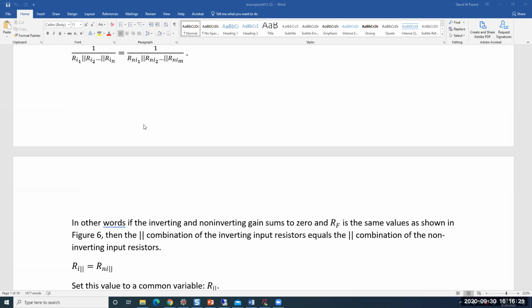So I guess, am I just arbitrarily choosing RF? For your first design, in some sense, yeah, a lot of times you might arbitrarily choose a value, but then you might find that your design doesn't work.